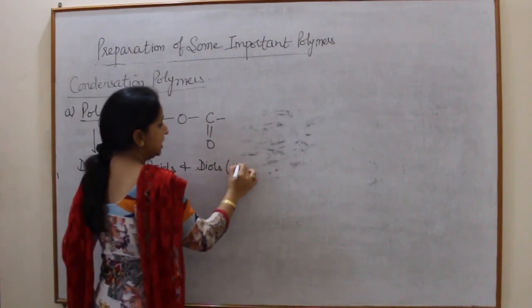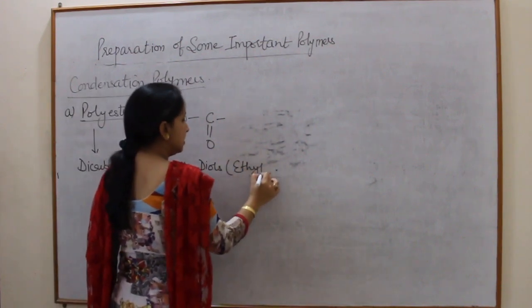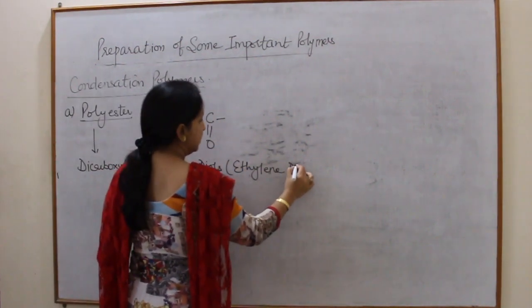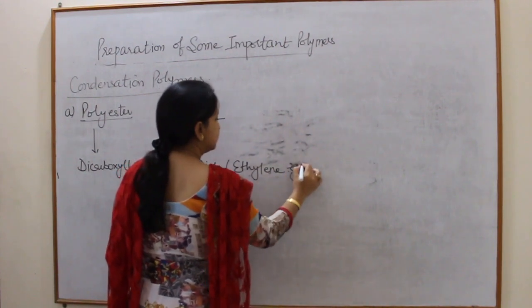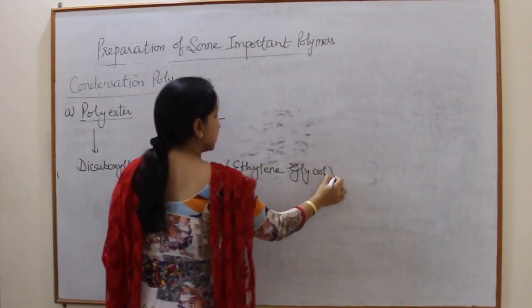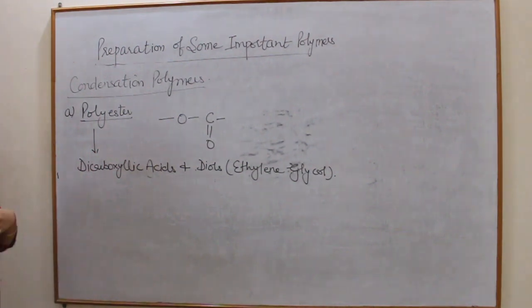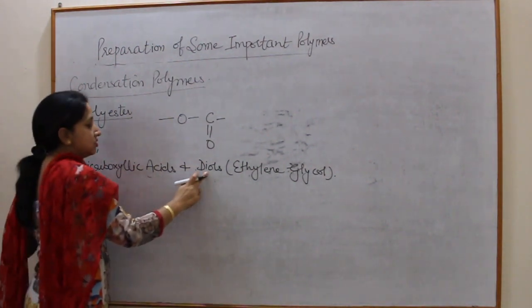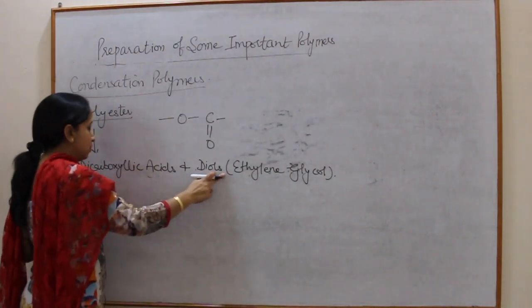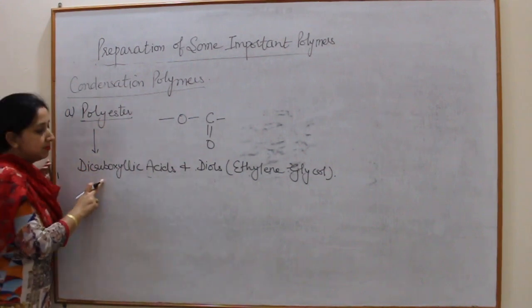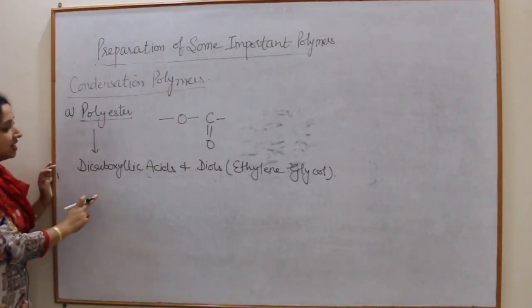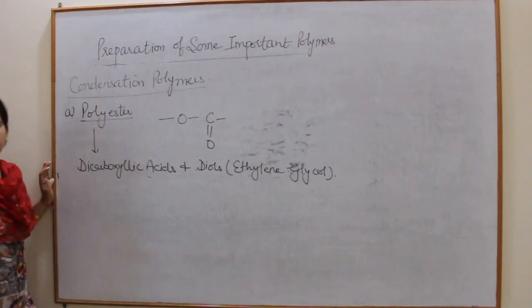Diols, basically diol is ethylene glycol, because ethylene glycol contains two alcoholic groups, so it is known as diol. Dicarboxylic acid means one monomer will contain two carboxylic groups.